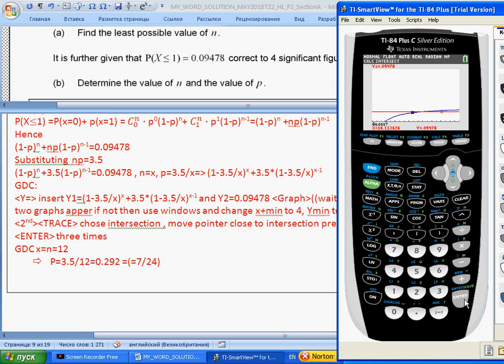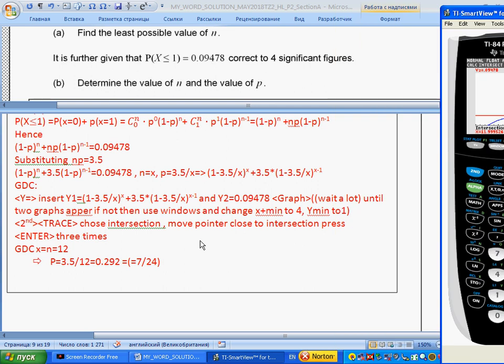This is a guess. We press enter again, and here we have the answer. The answer is 11.999, which is, because it is x, so we did this exercise. So we choose 12, and we find p easily by dividing 3.5 by 12. So this question is done.